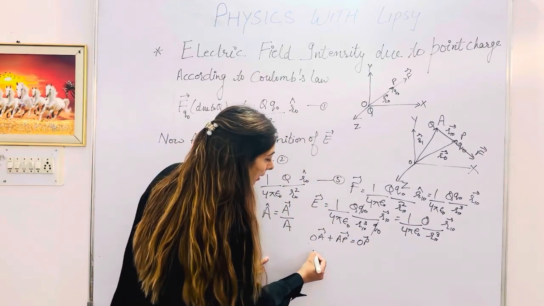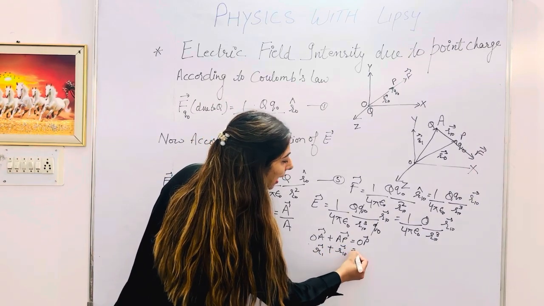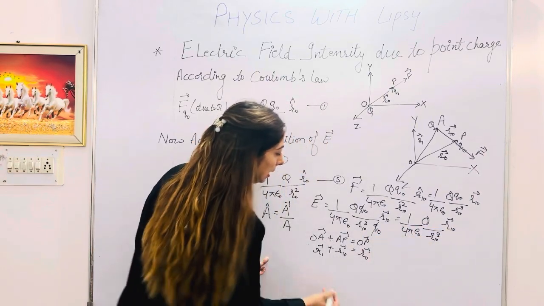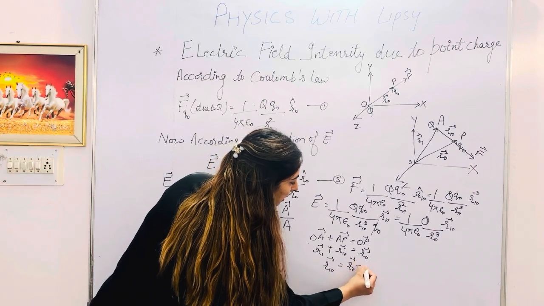So OA is the r1 vector, AP is the r1 naught vector, and OP is the r0 vector. So r1 naught equals r naught minus r1 vector.